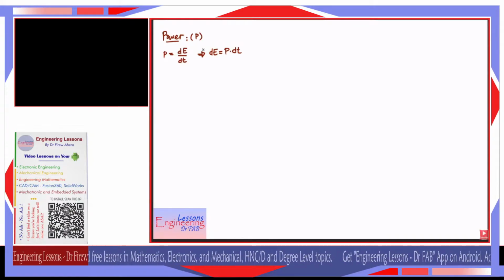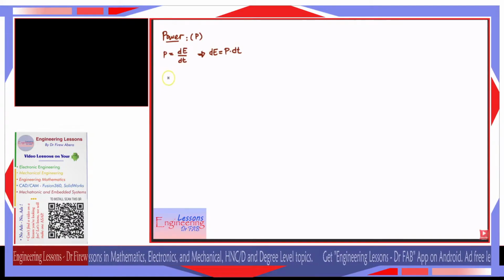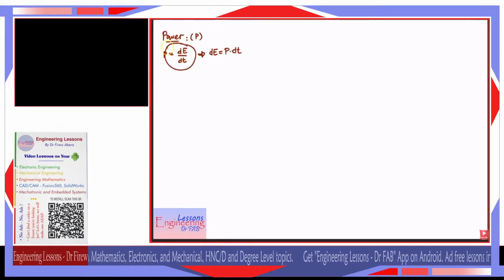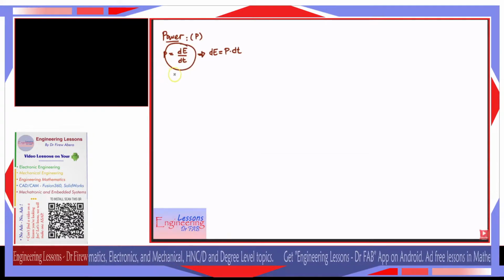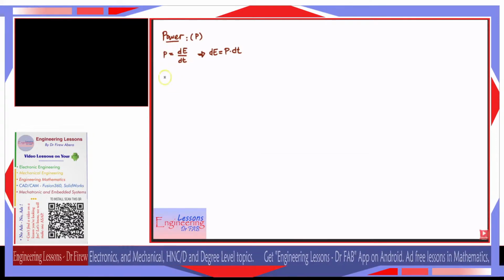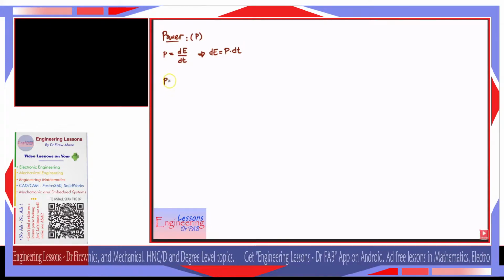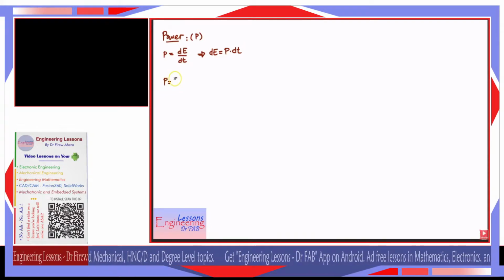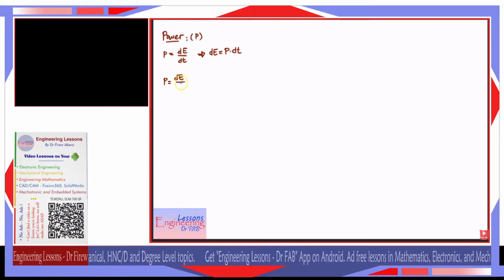Now, we can further investigate the relationship we've just defined here. We said power equals the change of energy per unit time.